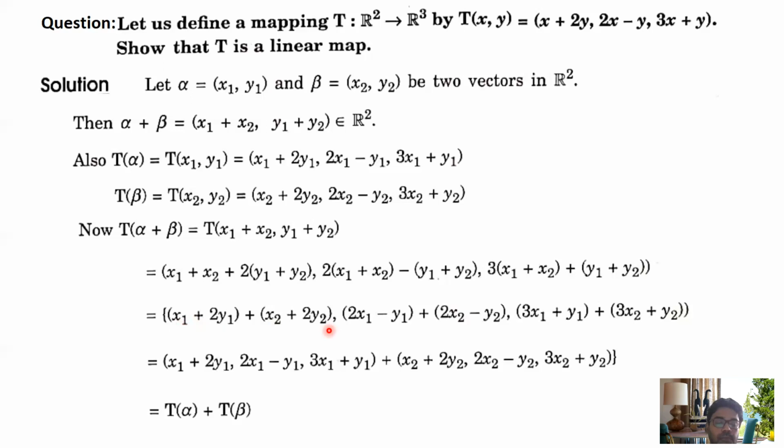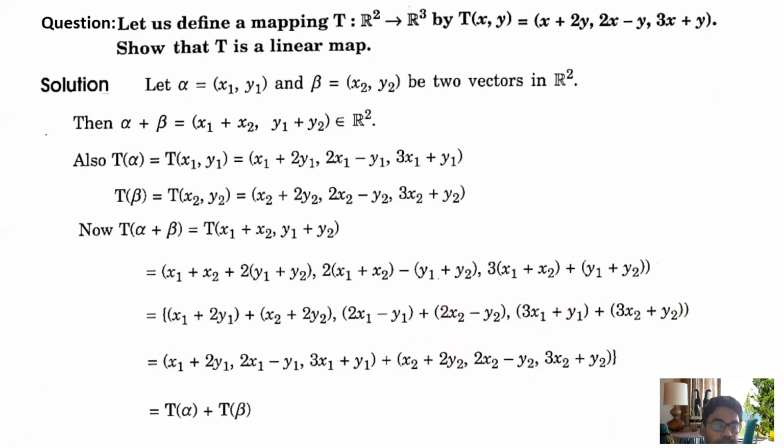Very easy. Now what do you do? In the first component you have x1, y1, x2, y2. In the second component you have the same x1, y1, x2, y2. In the third component you have x1, y1, x2, y2. Now you have to separate this: (x1 plus 2y1), (2x1 minus y1) and (3x1 plus y1) from here, plus (x2 plus 2y2), (2x2 minus y2) and (3x2 plus y2) from here. Clear?